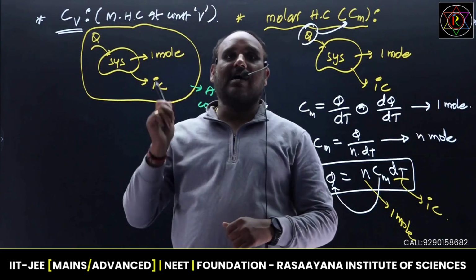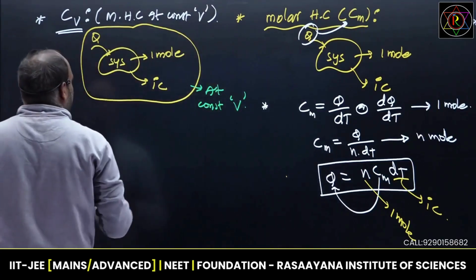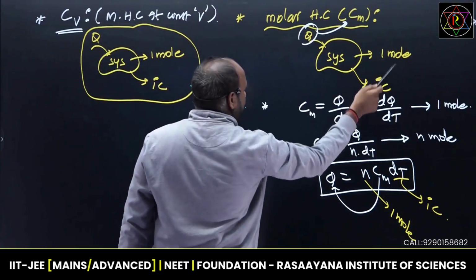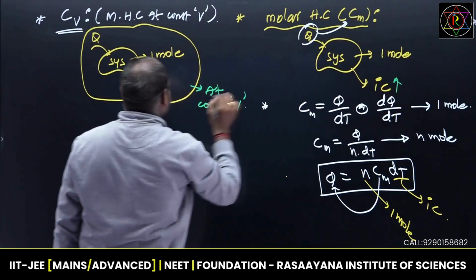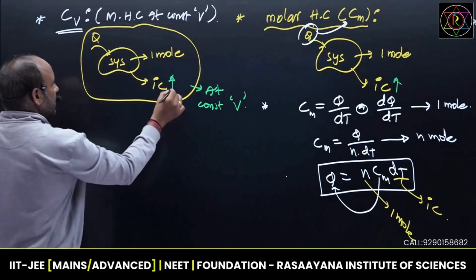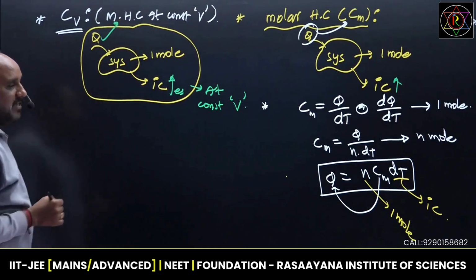That is known as molar heat capacity at constant volume, that is the CV, right? So Q is required for 1 mole by increasing 1 degree centigrade. By increasing 1 degree centigrade, how much Q is required? That is known as CV.